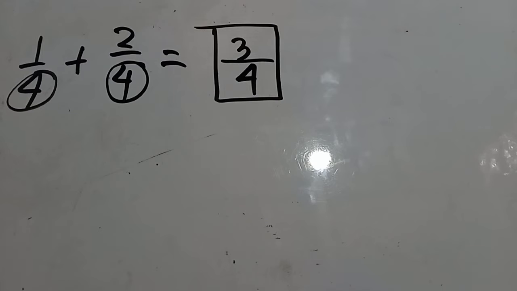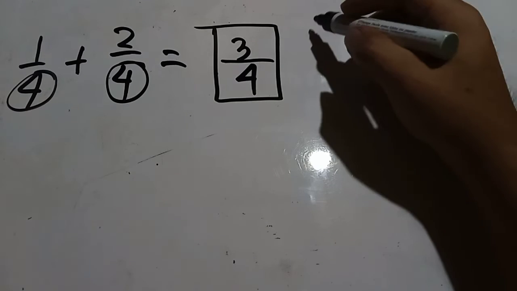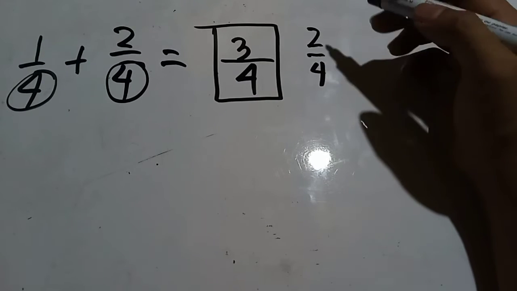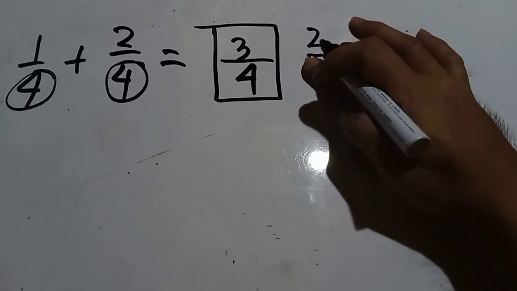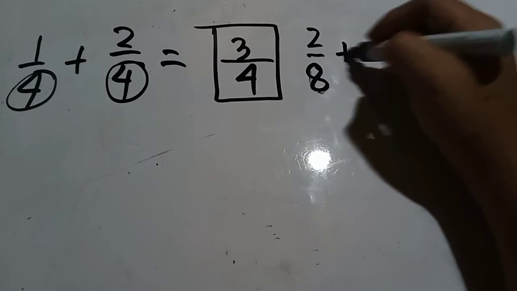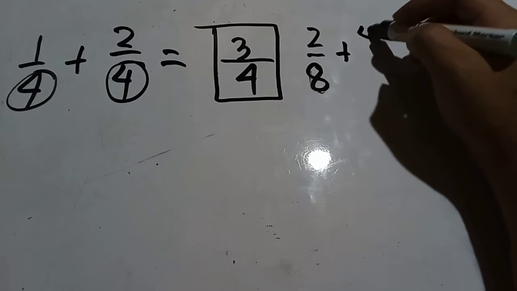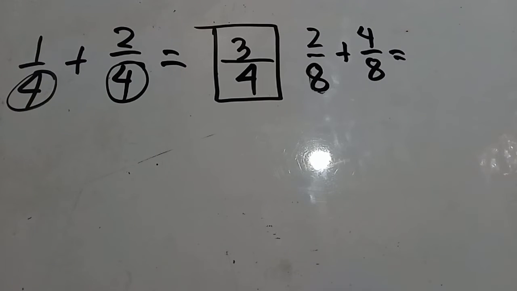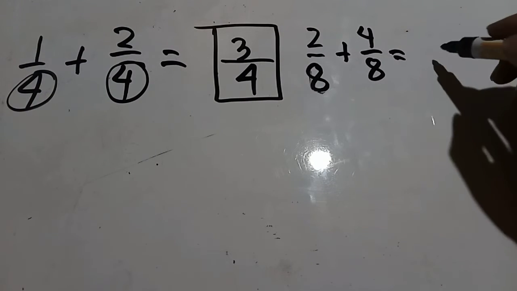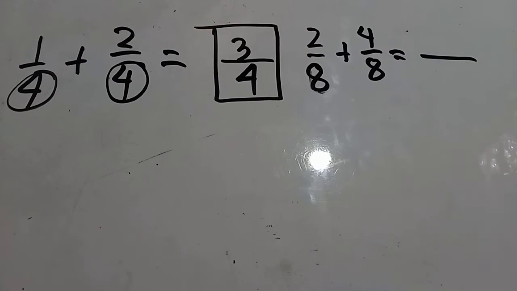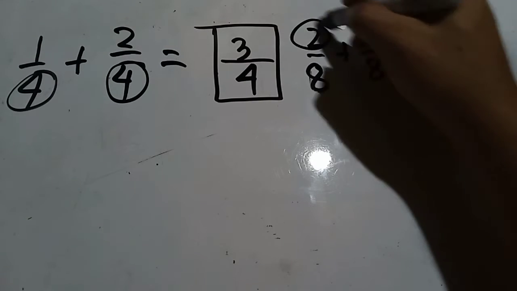Nakuha. Okay, another example. 2/8 plus 4 over 8. So, ibig sabihin, same sila ng denominator. I-copy lang natin ang denominator, which is 8. Tapos, i-add natin ang numerator, 2 at saka 4.